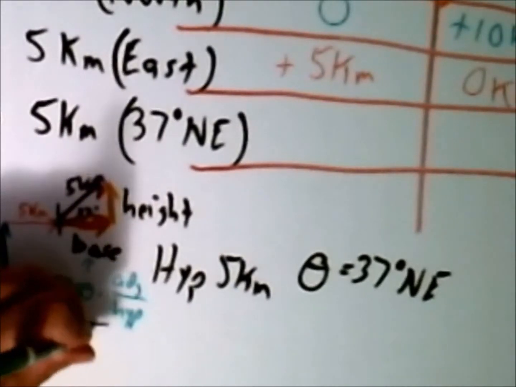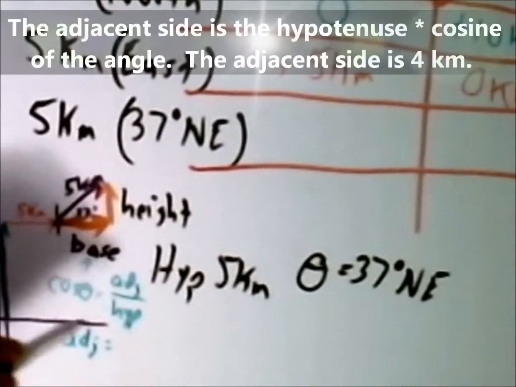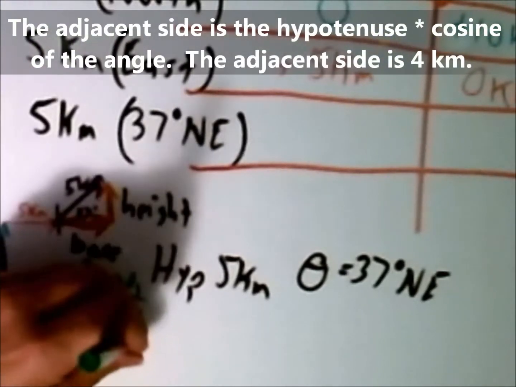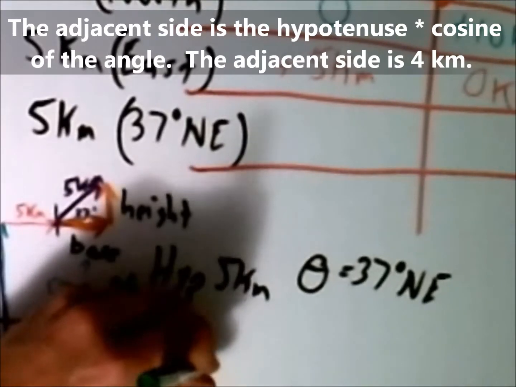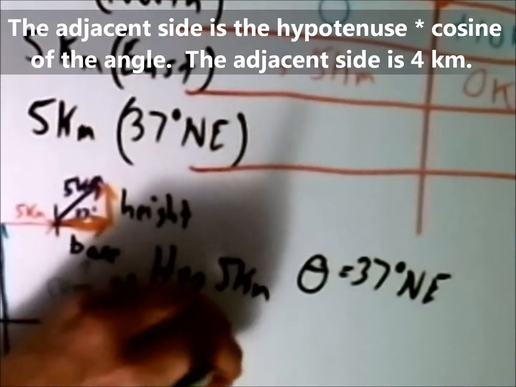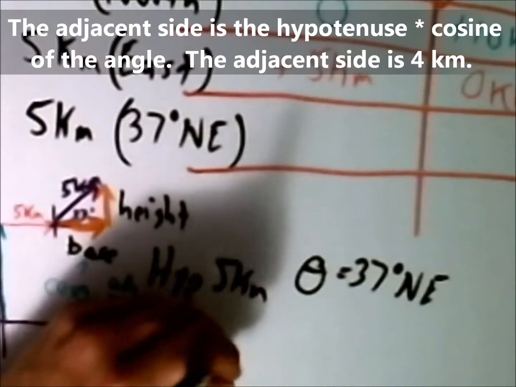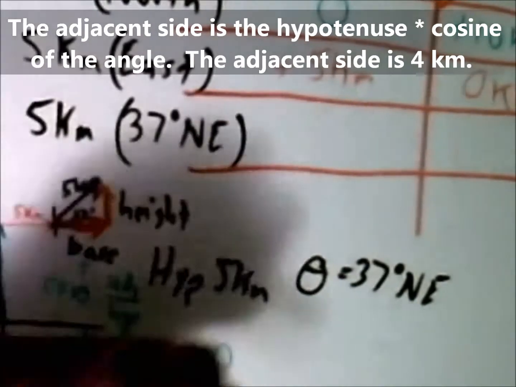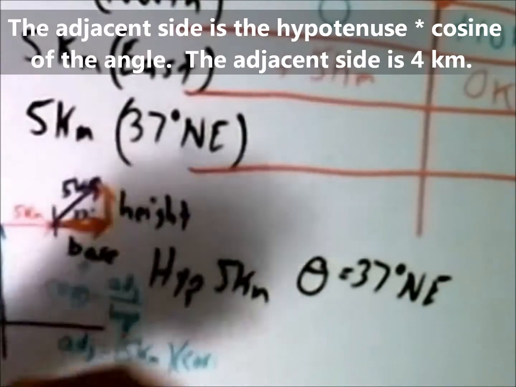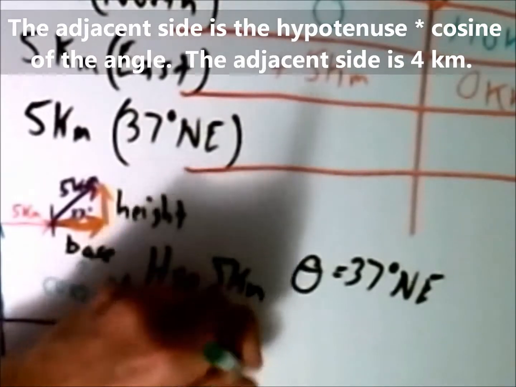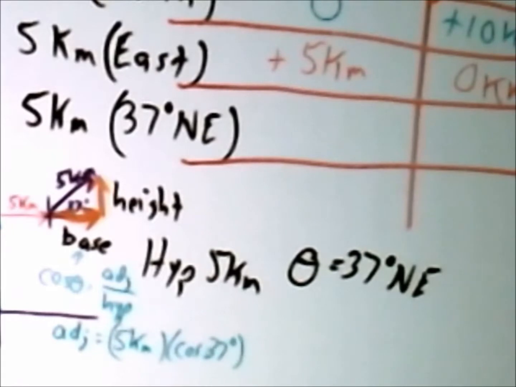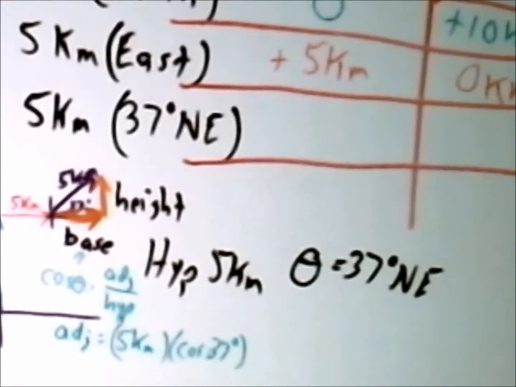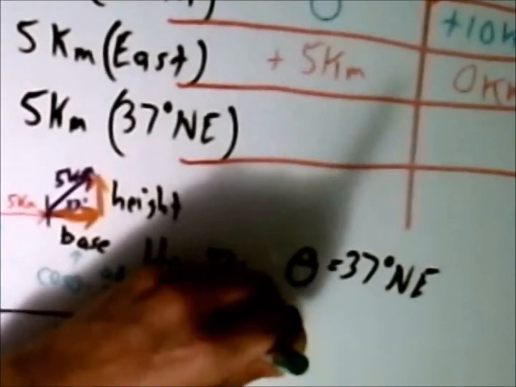So the adjacent side came out to be the hypotenuse, which is 5, times the cosine of the angle. And that angle is 37 degrees. That number is going to come out to be 4. So this is going to come out to be 4 kilometers.